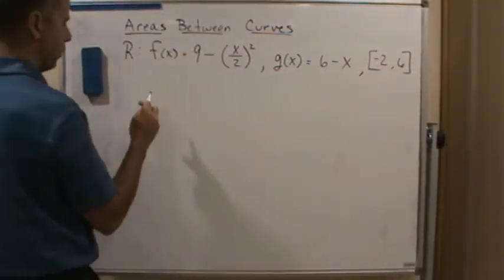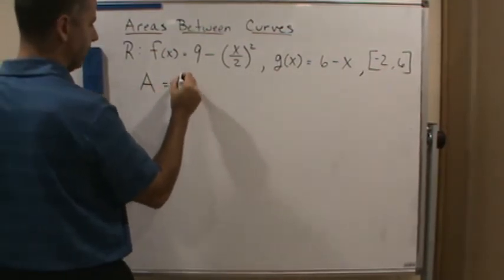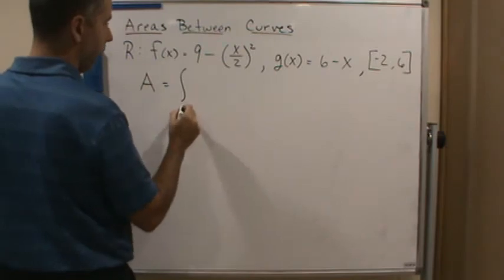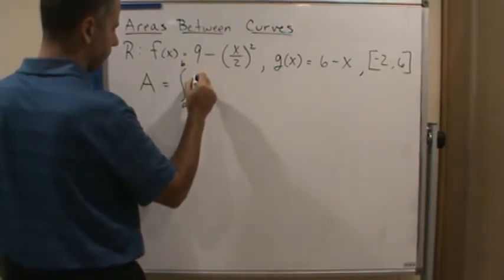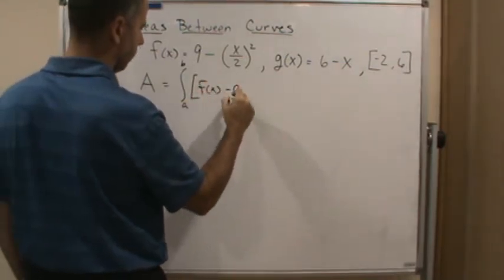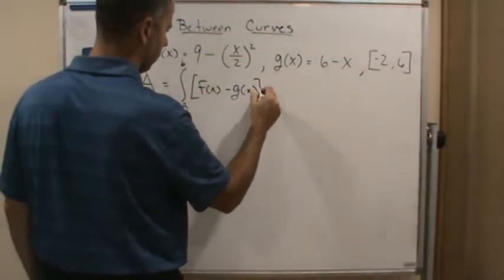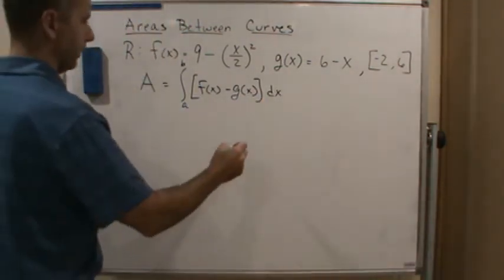So now I'm going to set up my area. A is going to equal the integral from a to b, and now all I'm going to do is fill it in.